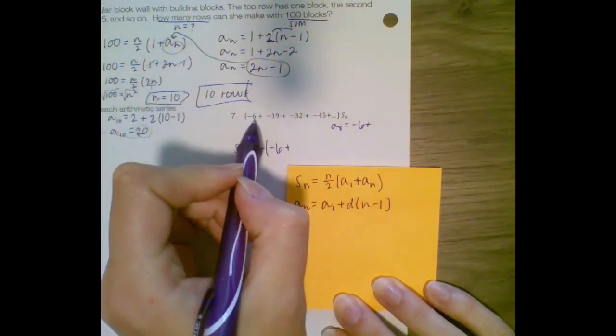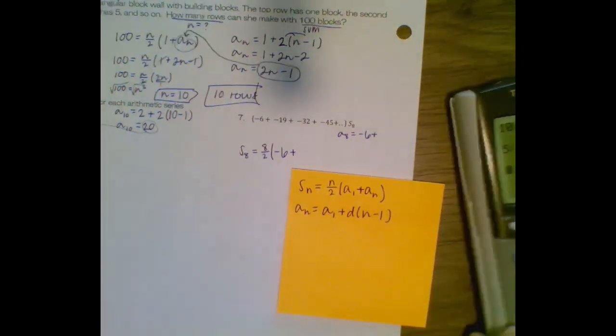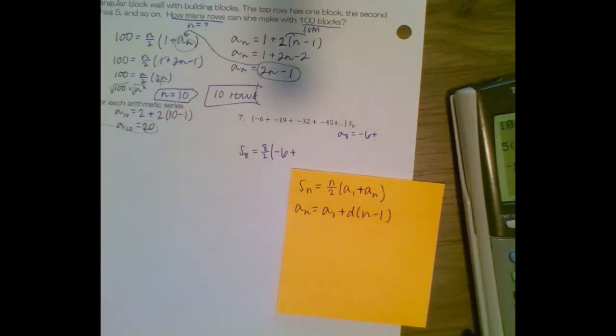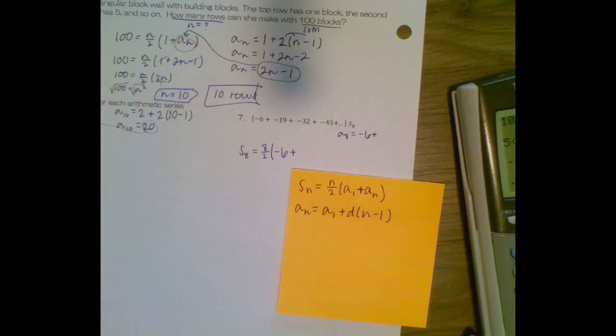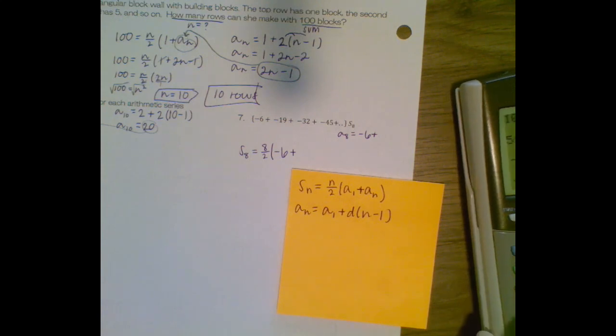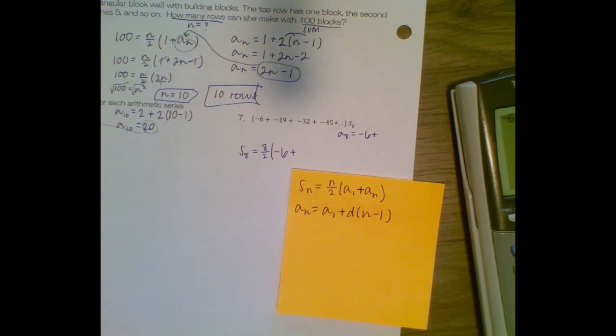plus, let's see, how do I go from negative 19 to negative 6? Subtract 13. Negative 6 minus 13 is negative 19.